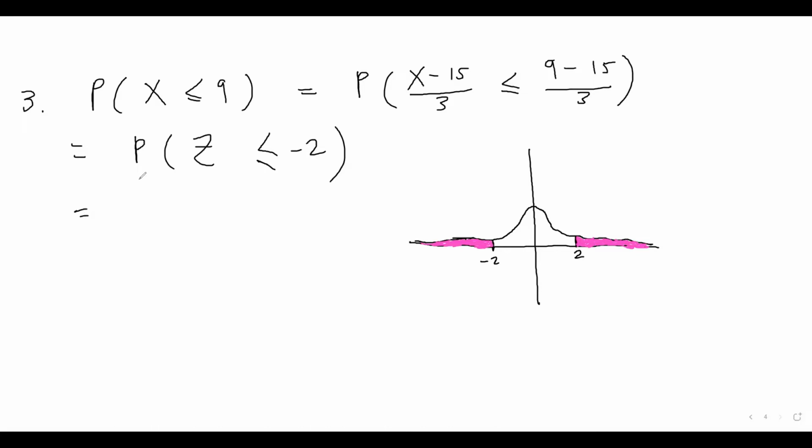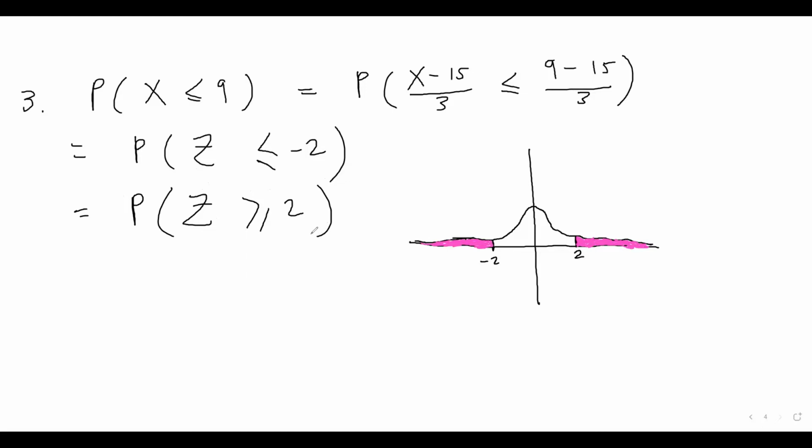So you can see that the rough sketch helps us see that. It makes the calculation simpler. What we've just seen is that the probability of z being at most minus 2 is the same as the probability that z is at least 2. So the probability that z is less than or equal to minus 2 is equal to the probability that z is bigger than or equal to 2, as we can see from the sketch.